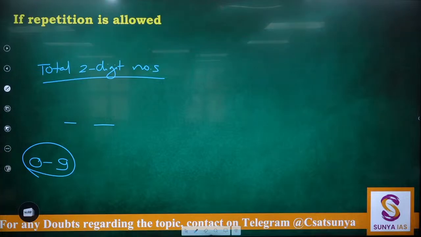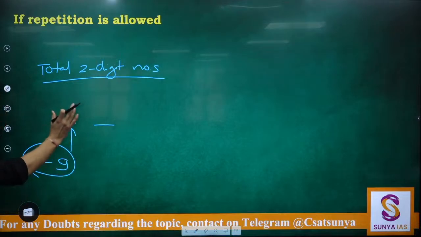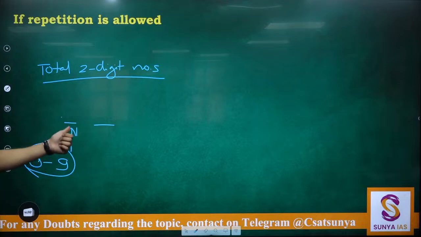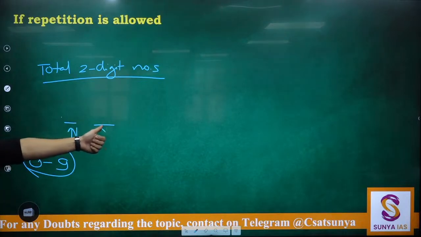Now is there a case given that I can repeat or I cannot repeat? That means I will repeat. If it is not given that I cannot repeat the digits, that means I will repeat, because I need to see how many total numbers can be formed. Now from 0 to 9, if I want to form a 2-digit number, this is the first place. Can I fill it with a 0? If I filled it with a 0, it will become a single digit number.